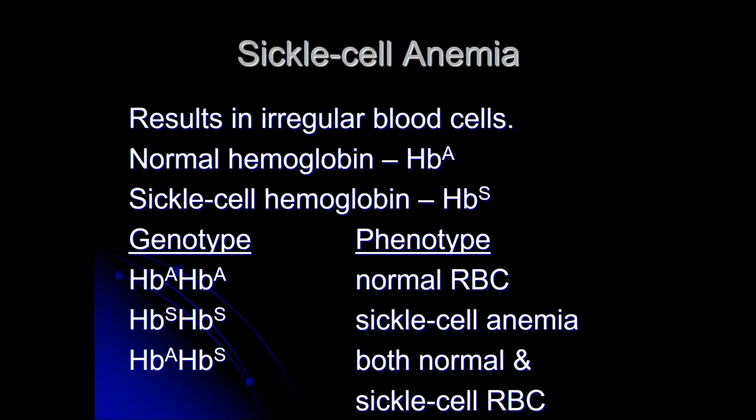This is an inheritance trait that if you've got it in the homozygous form, the HB super S, HB super S, this is one where historically you would not live to reproductive maturity because you will die of organ failure due to lack of oxygen getting to the tissues before you're old enough to reproduce and pass on the trait, generally speaking. But today, in modern medicine, we have the ability to help people overcome for a little bit.